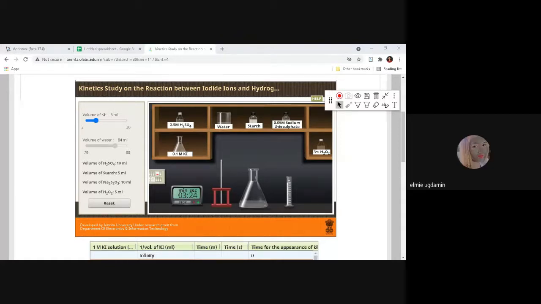Alright. So again, the bubbling, the gas evolution, is an indication that there is a reaction. It's an indication that there is a reaction, then the blue. Right.